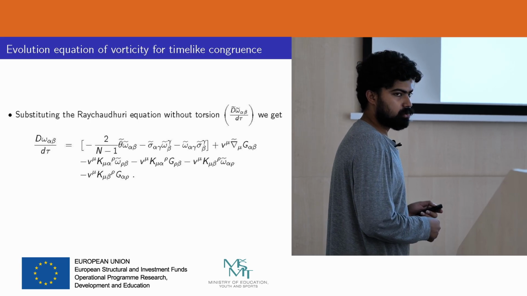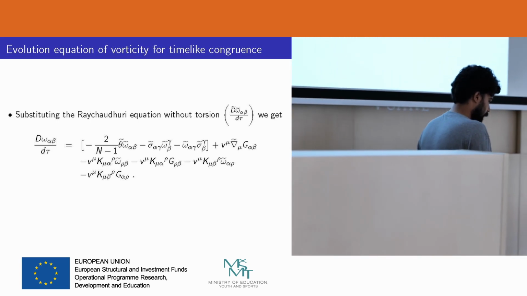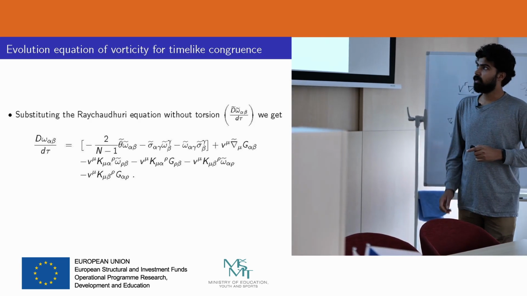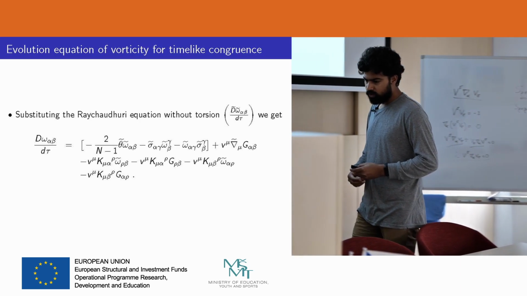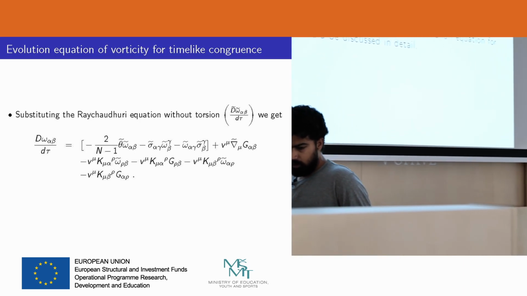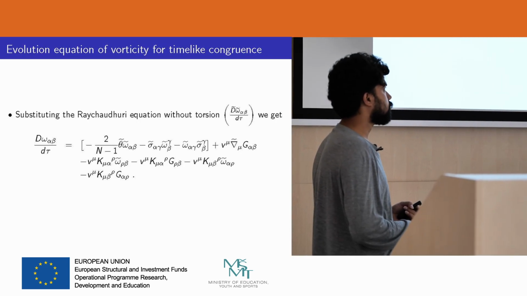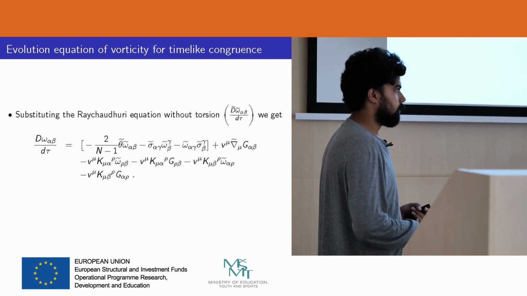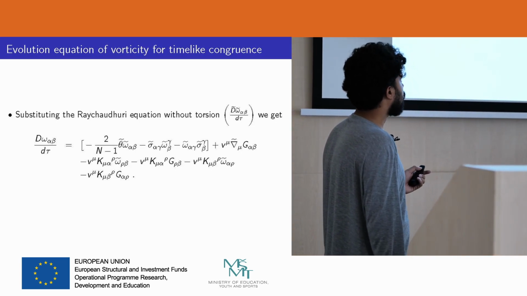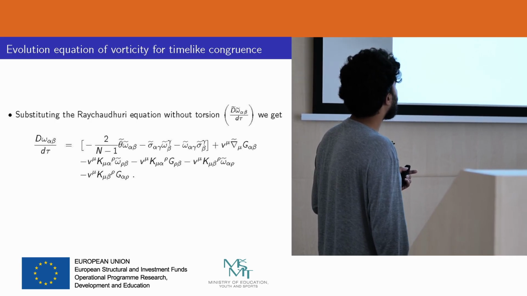So we have managed to generalize the Raychaudhuri equations in the presence of torsion, and these equations will be very useful to test theories of gravity with torsion, and also for other purposes, like people working on the focusing theorem and all that.